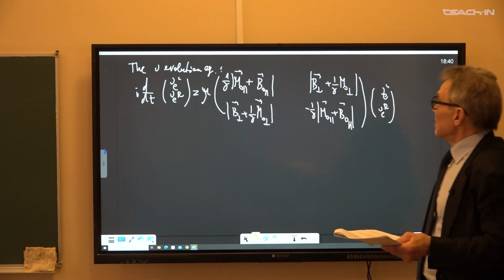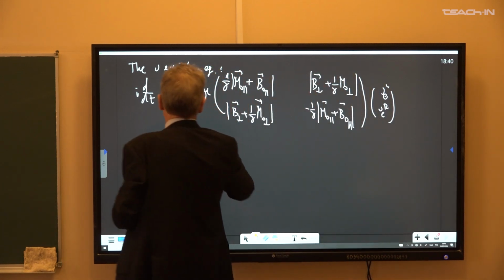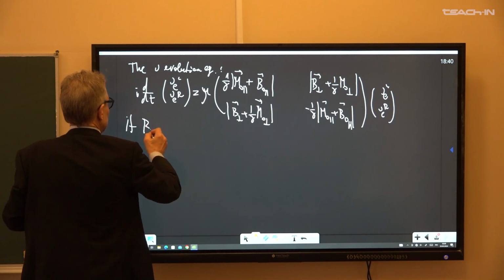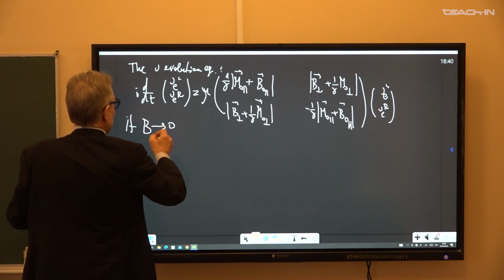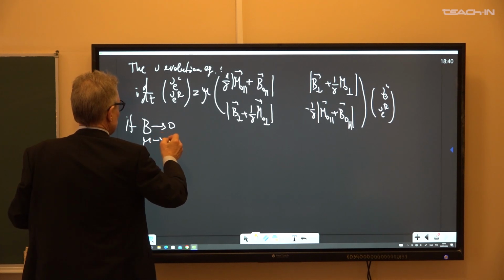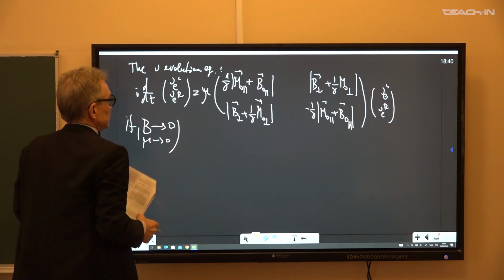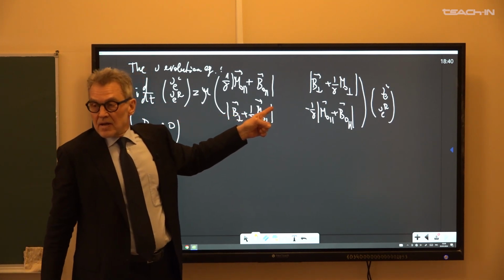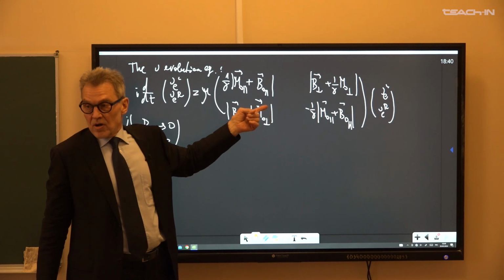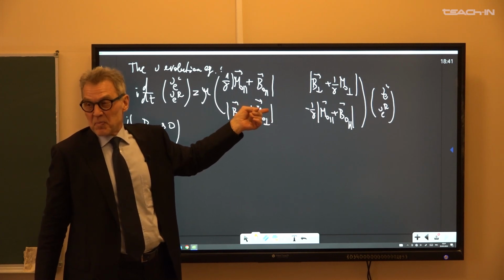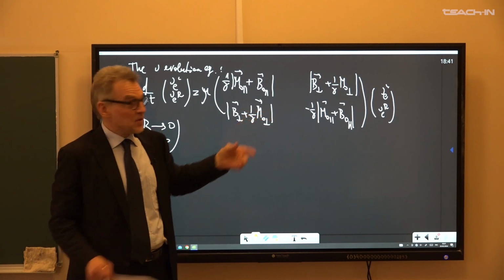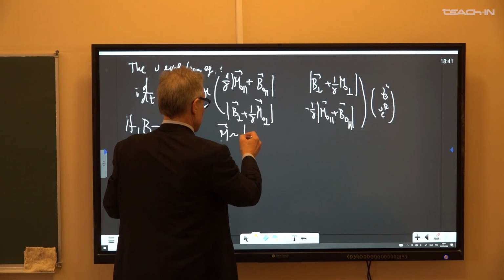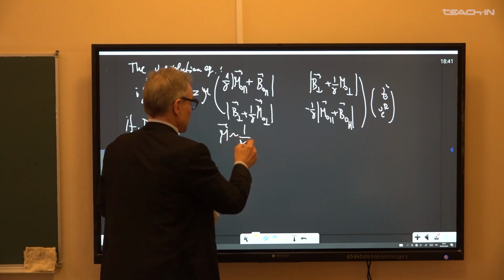And what we can see from this, if B0 or mu 0, I just would like to recall that these M are proportional to rho, and rho is inversely proportional to mu, the magnetic moment. So all this M is proportional to the magnetic moment in the denominator.